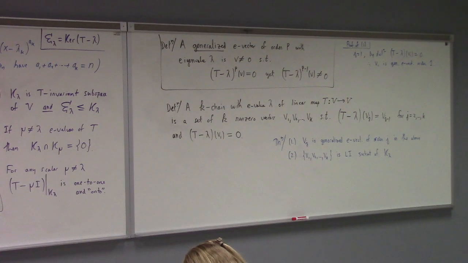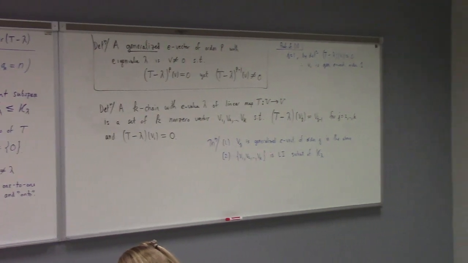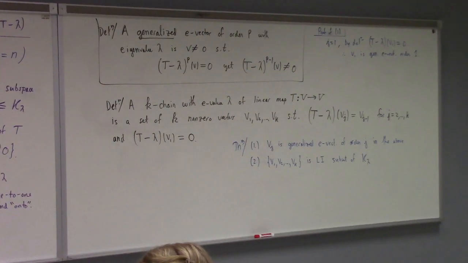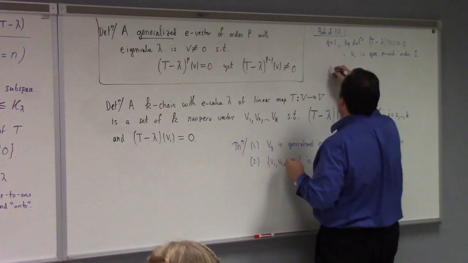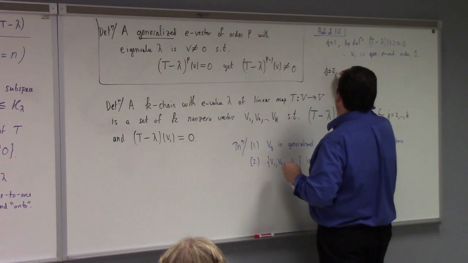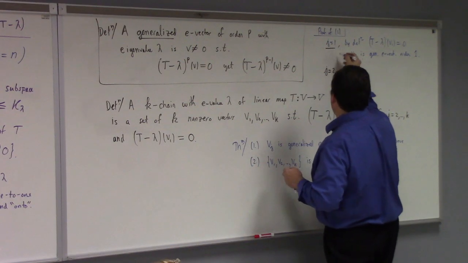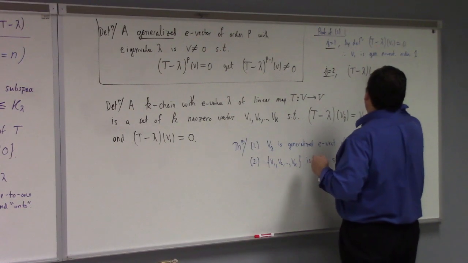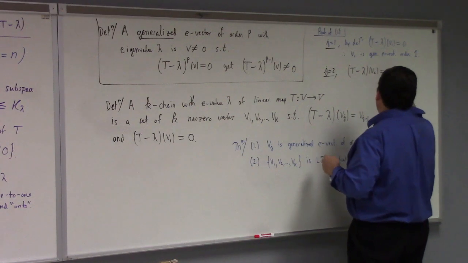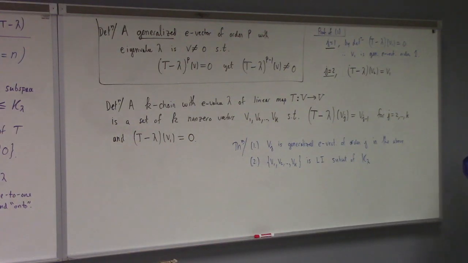Now I gave you guys a homework problem that hopefully got you started on this kind of algebra, but you might not realize that homework problem is maybe more important than it looks at first glance. For j equals 2, we've got (T minus lambda) v2 equals v1, by definition of the k-chain. Take that equation, operate by T minus lambda.